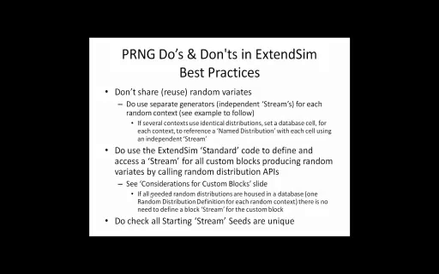If it turns out that all of the random distributions that a custom block is going to need to access are housed in a database, or one or more databases, then you don't need to actually assign a block stream for this custom block, because all of the random distribution definition cells will have their own stream identified.